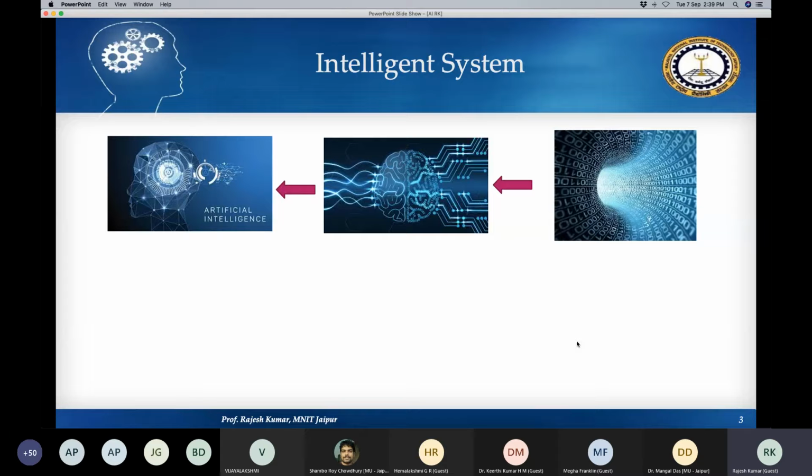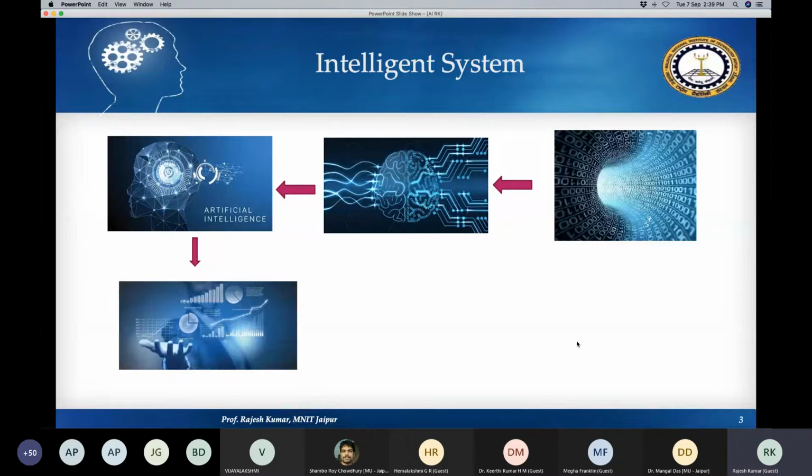That is basically where AI comes into the picture. Then AI or those mathematical combinations give us certain outputs as well as certain analysis. So that is basically the data analysis we can perform: what the impacts are, and some studies.